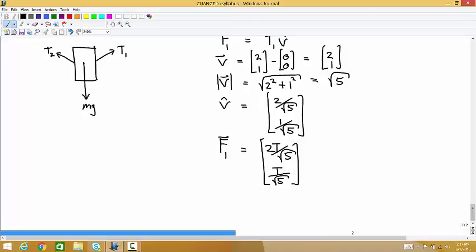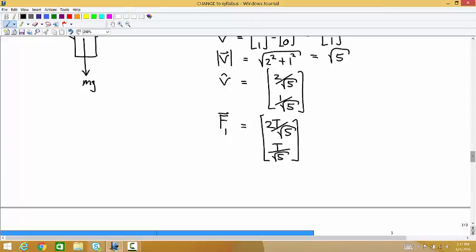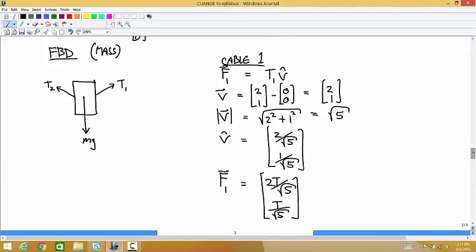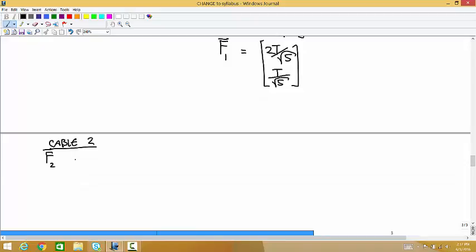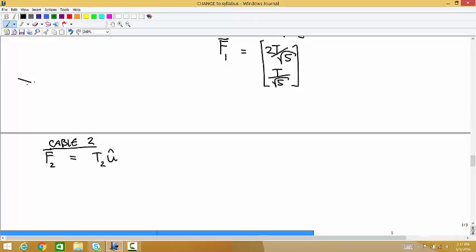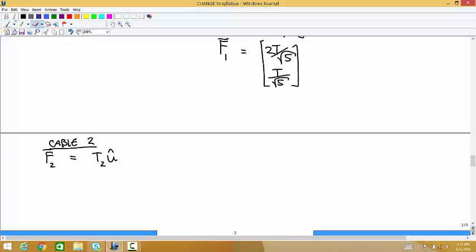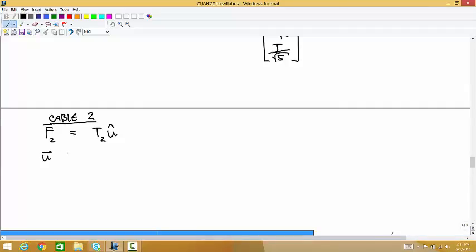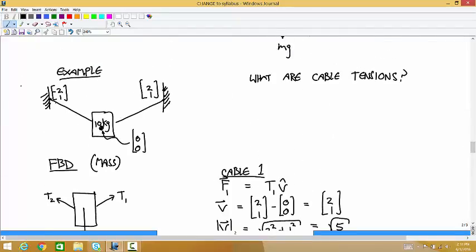And now we have to calculate the force vector produced by cable 2. I'll call that F2, and that's going to be equal to the tension T2 times this new unit vector. I guess I'll call that u hat. Question? That's 2T1 over square root 5 and T1 over square root 5. Yes, that's right. Okay, so u, a vector that's in the direction of the unit vector that we want, is this destination point, (-2, 1), minus this starting point.